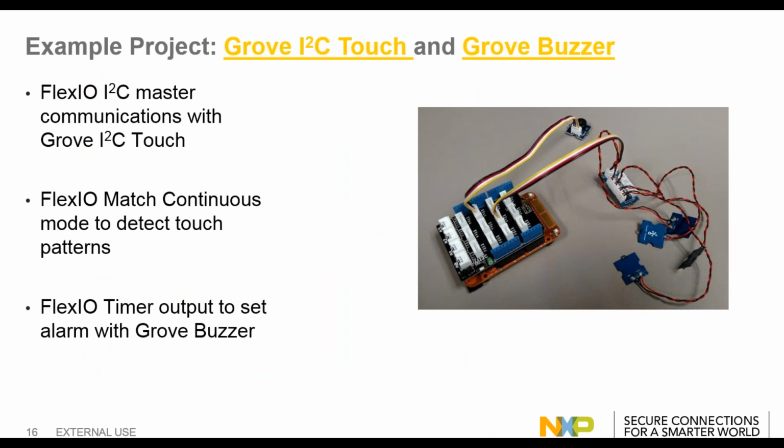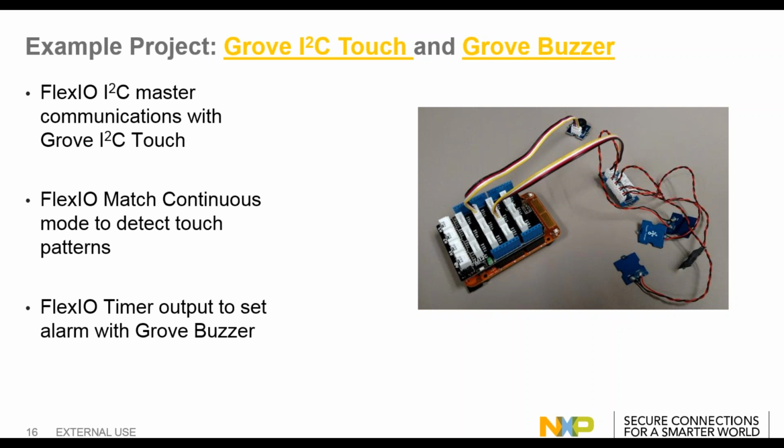So let's talk about a specific example project that we have made using two Grove sensors. We use the Grove I2C Touch and the Grove Buzzer. And so these are hyperlinks, so you can find more information on these two sensors.